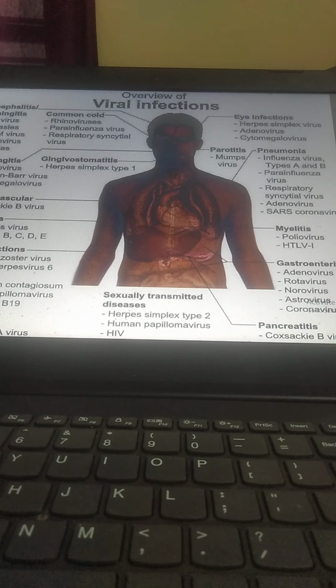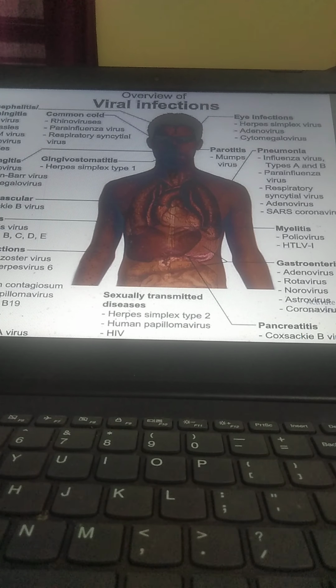So this is the whole scenario of viral infection. It is spread over so many diseases. Viral infection causes meningitis and encephalitis. We have JC virus, measles, LCM virus, arbovirus, rabies, and pharyngitis.